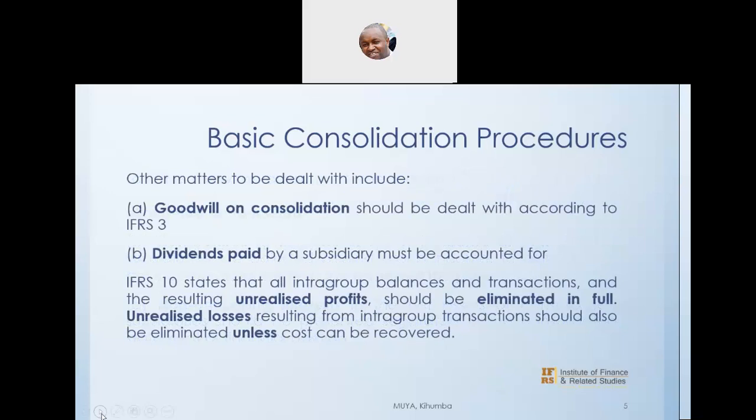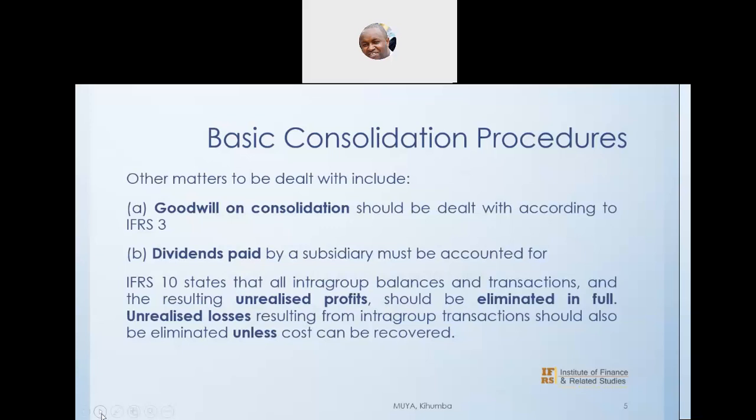The other matters that we need to discuss, but this will be subject to a different video. Number one, goodwill on consolidation. Number two, dividend paid. And then number three, unrealized profit. This unrealized profit arises out of intra-group trading. Intra-group trading is a situation where you've got the parent and the subsidiary trading with each other.